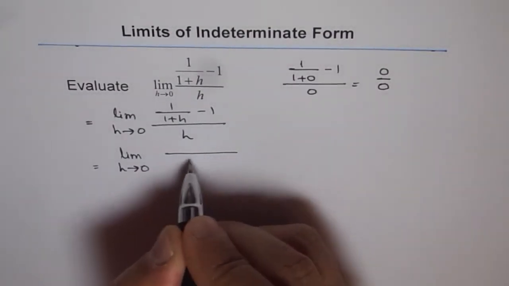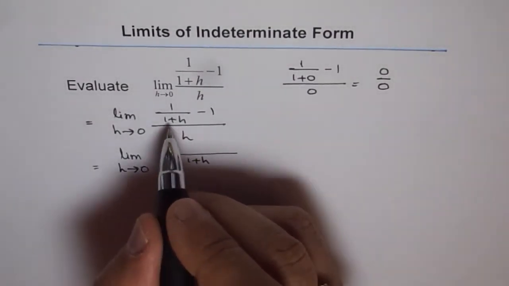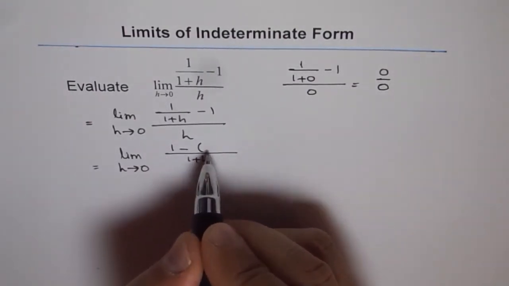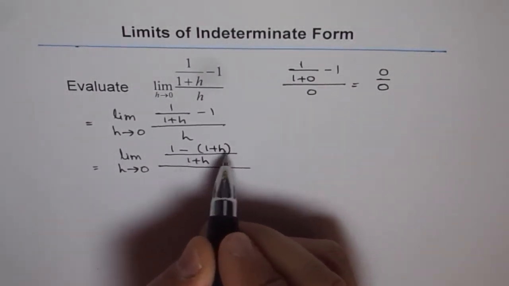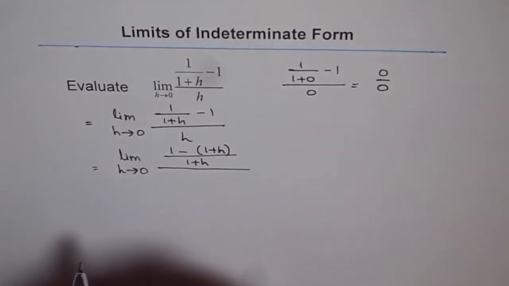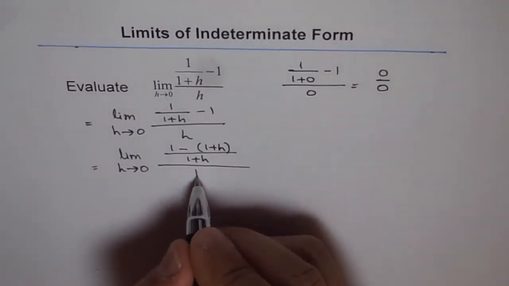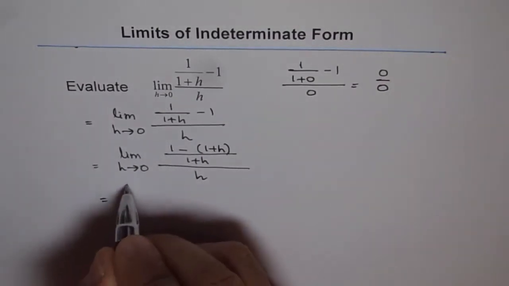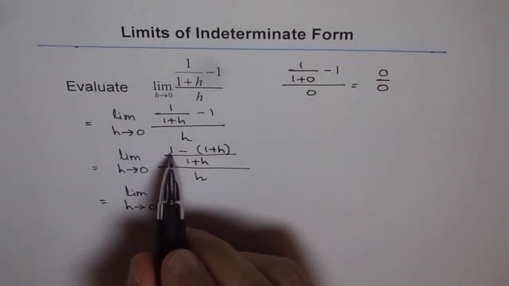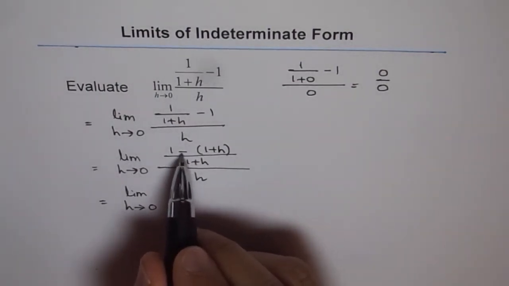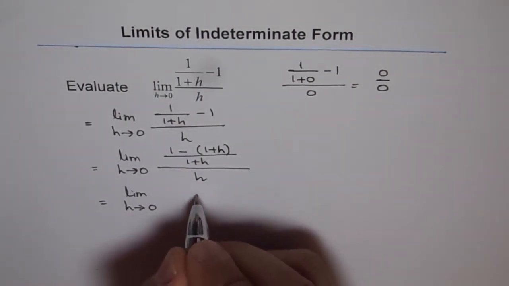So we get 1 plus h, and here we get 1 minus, within brackets, 1 plus h. At times I have seen students don't place brackets here and they get a wrong answer, right? This could be written as the limit as h approaches 0, and 1 minus 1 is 0, and minus of plus h is minus h.